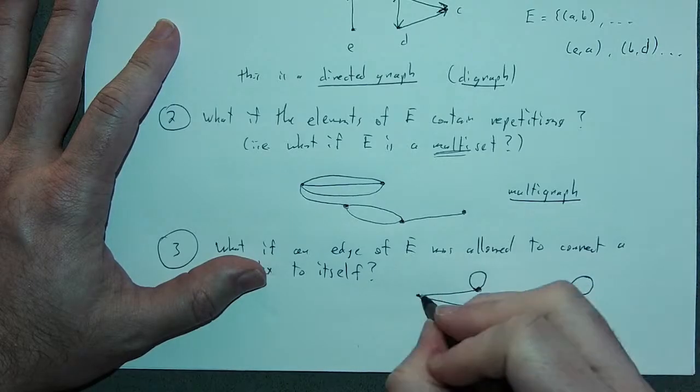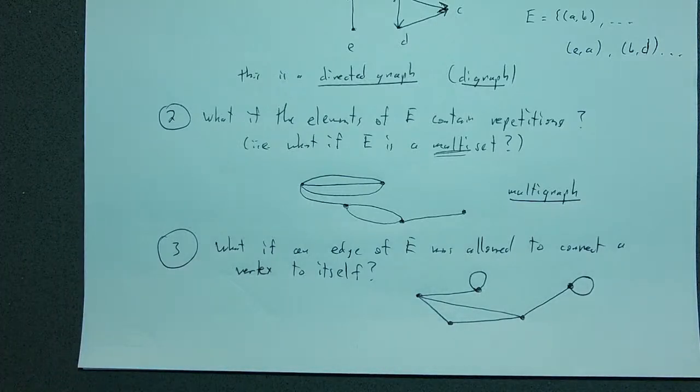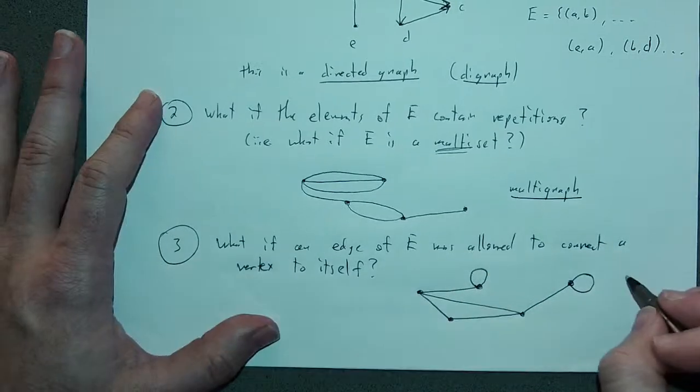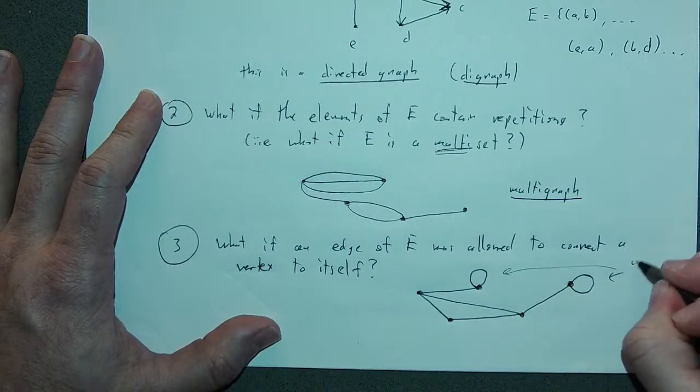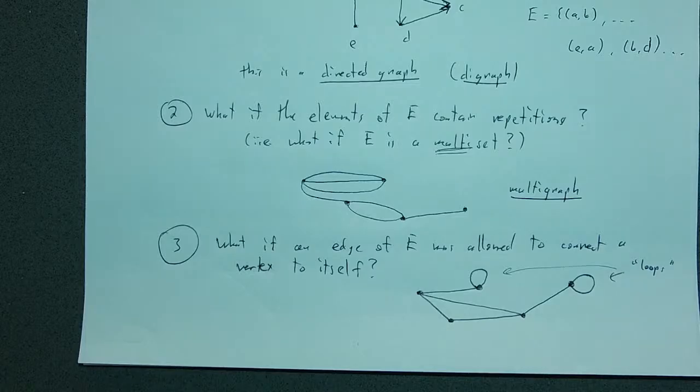So here are our vertices, and we look at these loops. It's obvious why we call them loops, because when you are putting down a visual representation of these things, how else are you going to draw them? This is certainly an intuitive way of doing that. If this sort of thing is allowed, this is called a pseudograph.